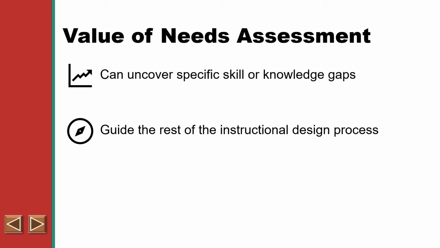And then the second is that the value of it is it guides the rest of the instructional design process. Again, this gives the data to be able to have those conversations with the sponsors about what the outcomes are, what they will look at, and how the performance is expected to change by the end of the training solution.